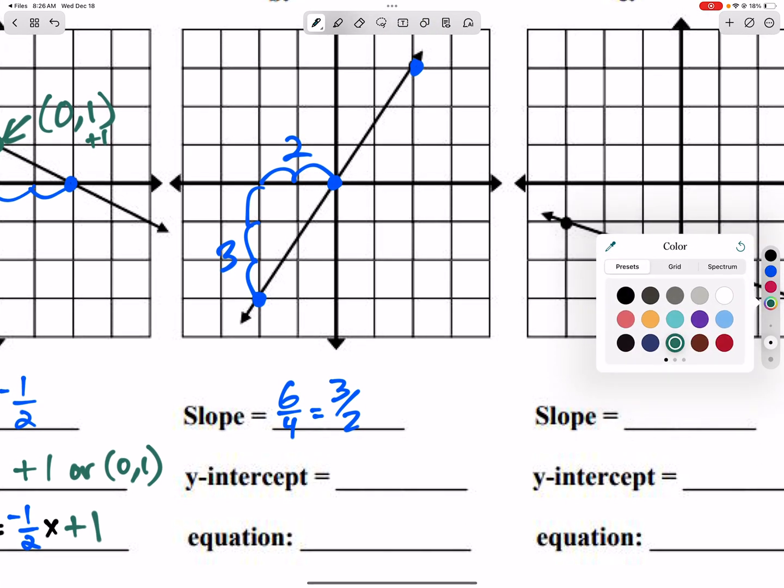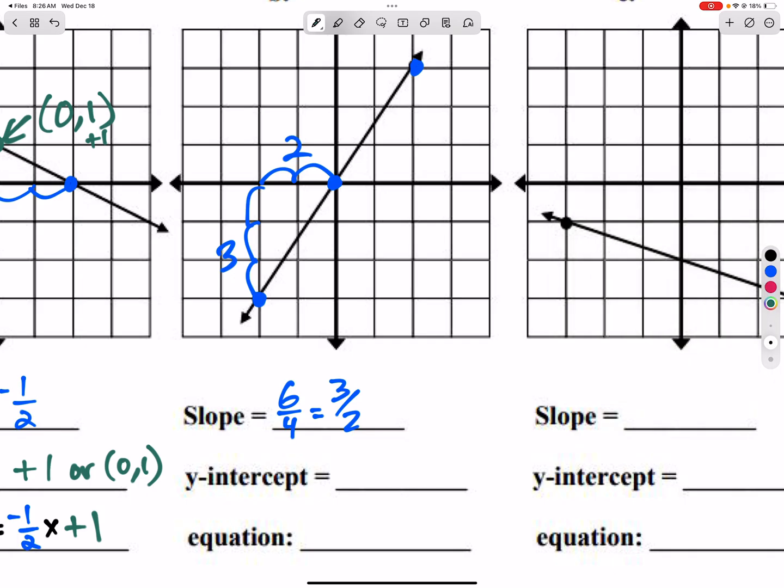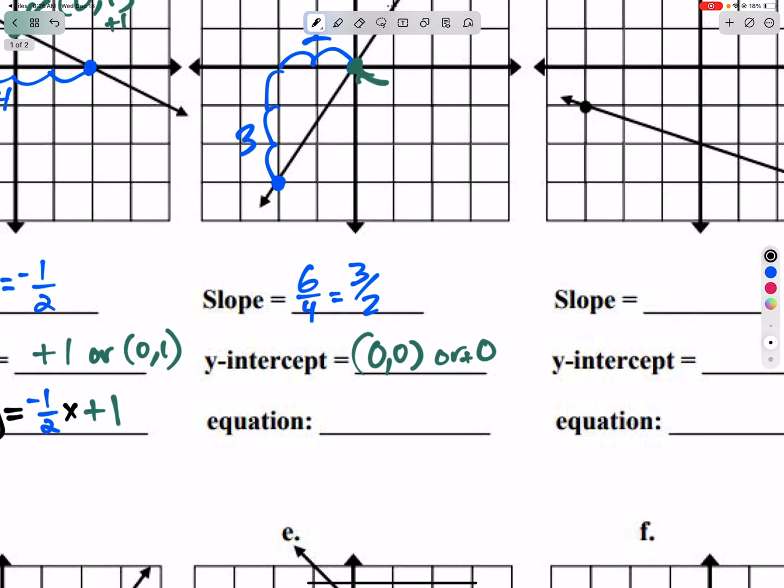All right, and magically, what a coincidence, our y-intercept is this point, and that's at 0. So our point is at 0, 0, or +0, or -0. Doesn't really matter. You're not going to change anything. So when we write our equation, we're going to have y equals 3/2x.